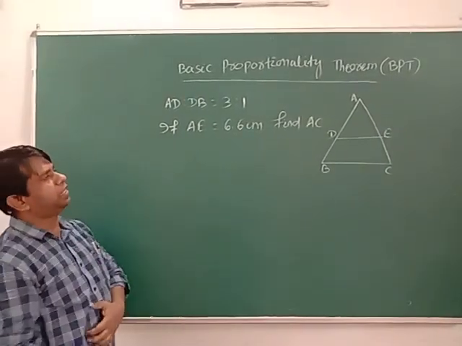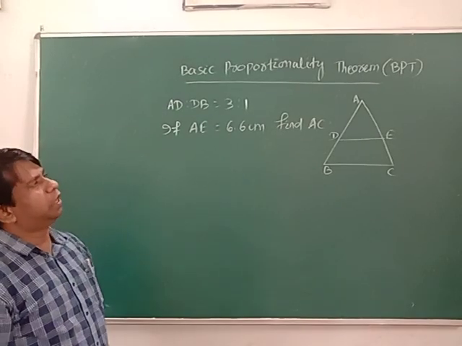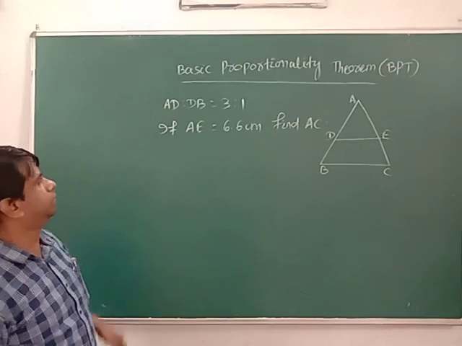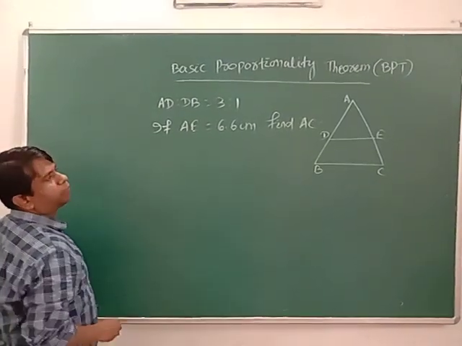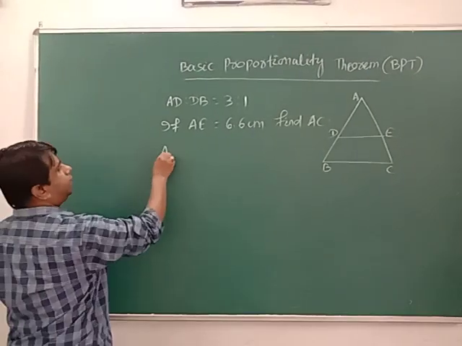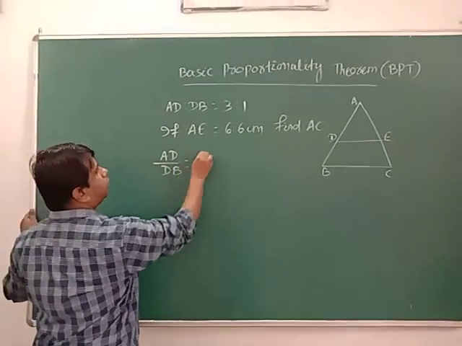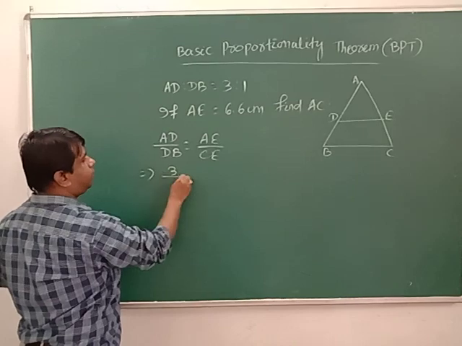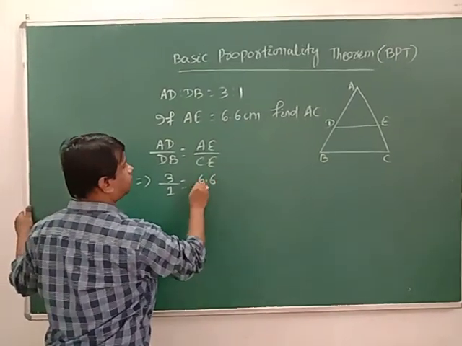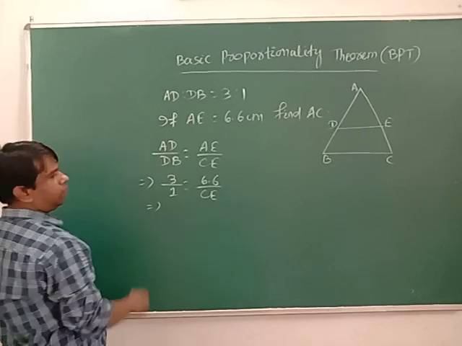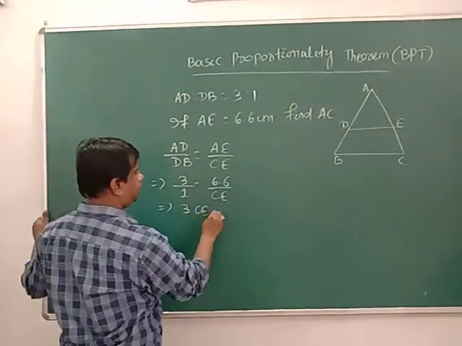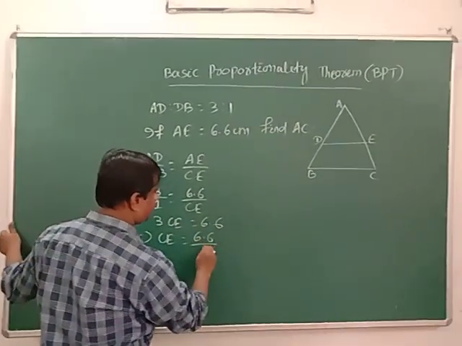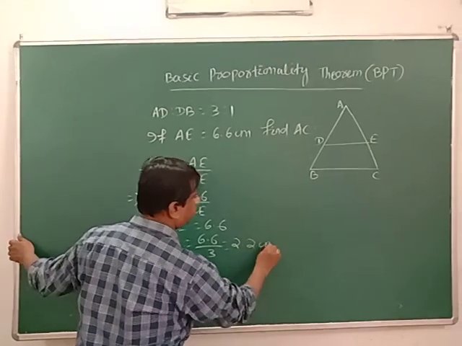So indirectly you can find CE and add with AE. Otherwise you can use the derived formula or corollary of BPT. So I have to use what formula here? Theorem BPT. So AD upon DB is equal to AE upon CE. So AD upon DB 3 by 1 is equal to 6.6 by CE. Cross multiply. So 3CE is equal to 6.6. So CE I am getting 6.6 upon 3, that is equal to 2.2 centimeter.